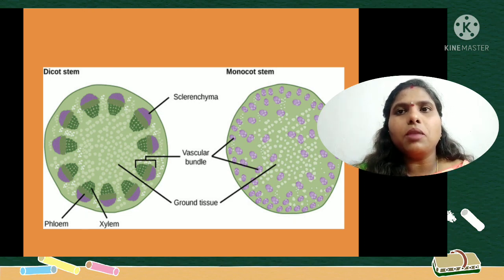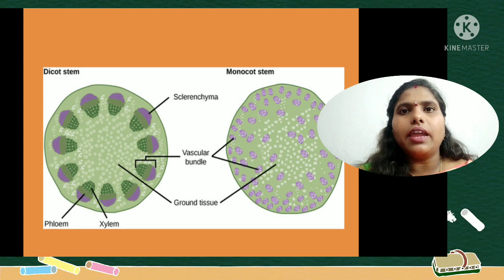The arrangement of vascular bundles is different in monocot stem and dicot stem. Observe here, in monocot stem the vascular bundles are scattered. In dicot stem, they are arranged in a circle. And observe the locations of xylem tissue and phloem tissue in a vascular bundle.